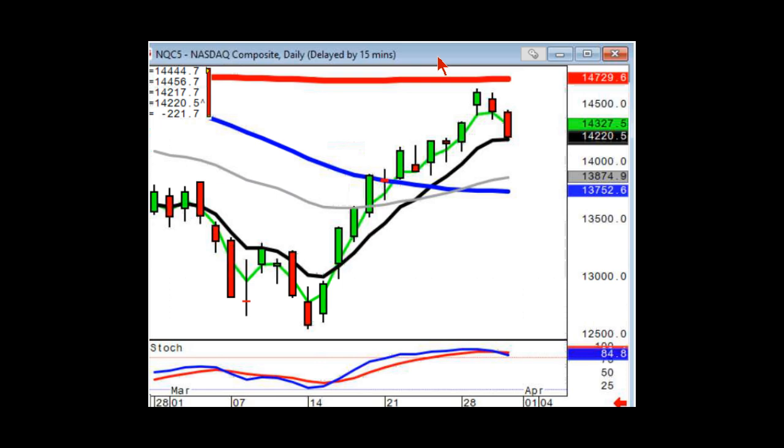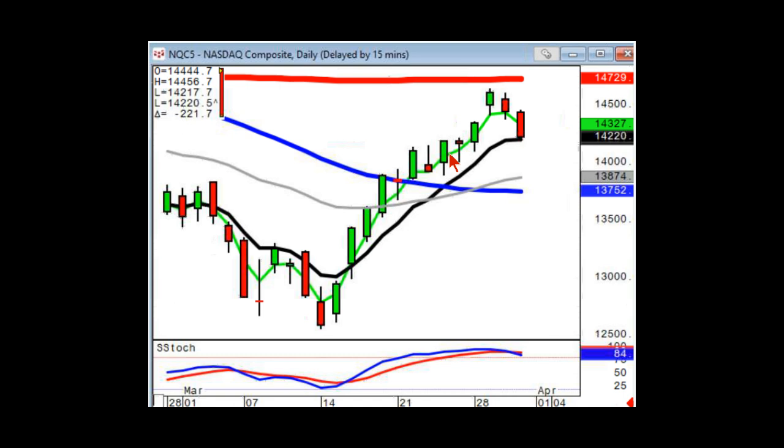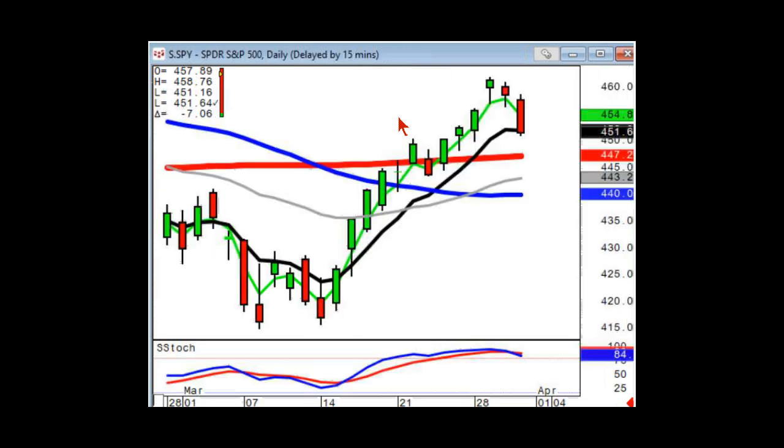So when the NASDAQ did that the other day, that gave us a good impression that they were going to come back and test the T-line on the Dow, the NASDAQ, and same scenario here on the S&P 500.